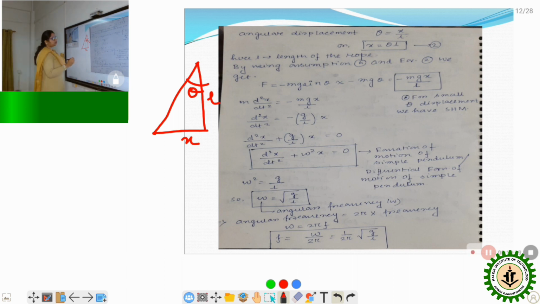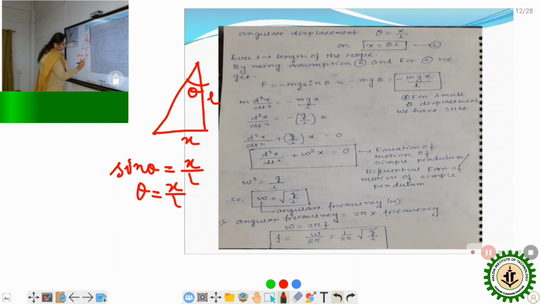So now if we consider sin theta from this triangle, then what would be the sin theta? That sin theta will be x by L, right? Perpendicular by the hypotenuse. Okay. So now the theta is very small, so from here we can write theta equals x by L.